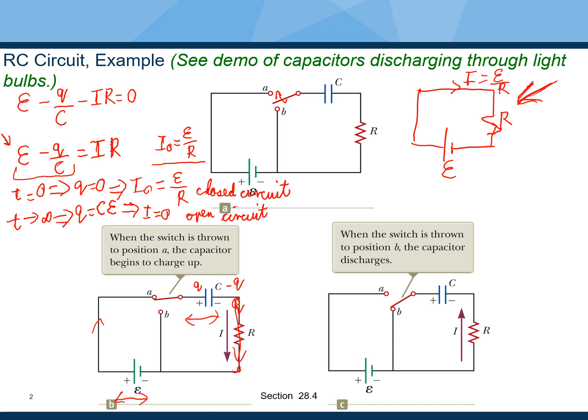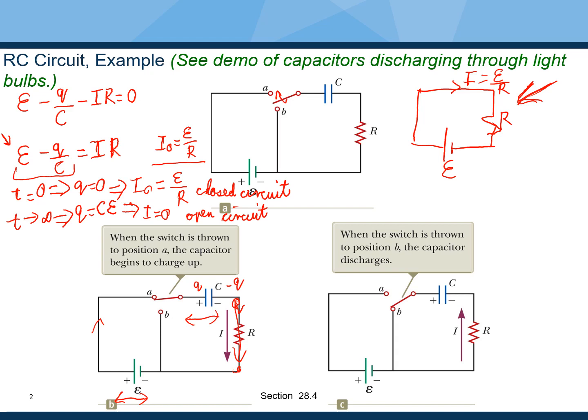But that doesn't last for long, because charge starts building up on the capacitor, and therefore the capacitor also contributes some of the voltage in the circuit. Eventually the charge builds up on the capacitor to the extent where the voltage across the capacitor exactly balances the voltage across the battery, and then the capacitor basically behaves like an open circuit.